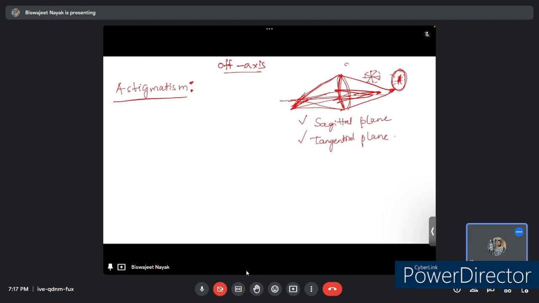These patterns are called Airy diffraction patterns.